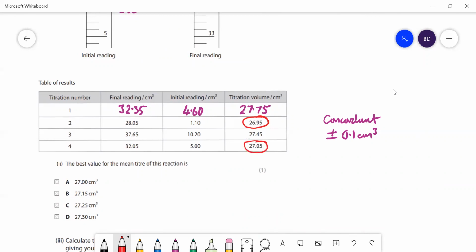They're within 0.1 of each other. The others aren't. If you add those together and divide by 2, you're going to get 27.00 as the mean titer. So 27.00 is the answer we want there.